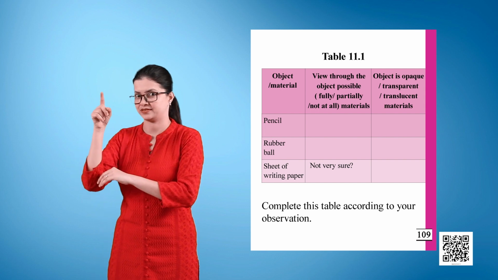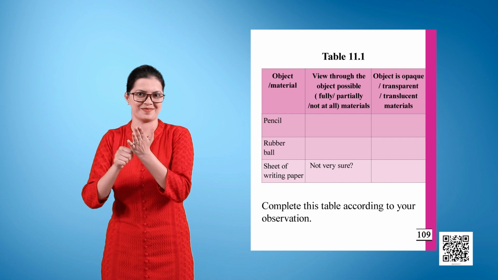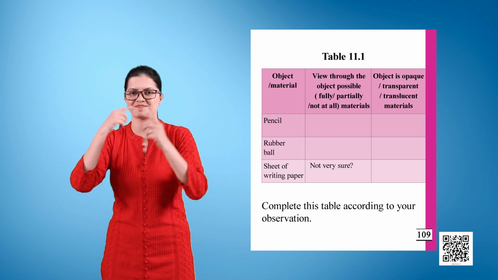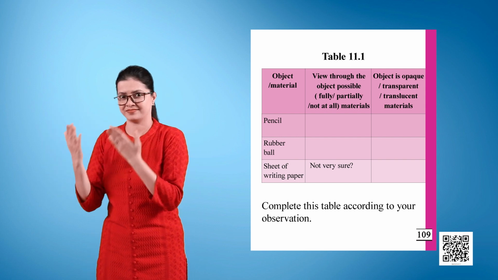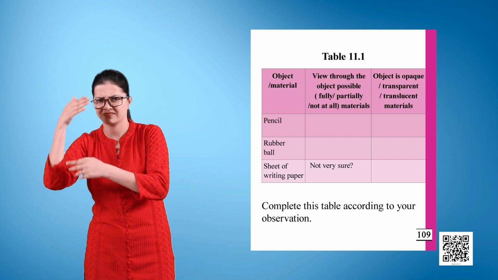And the third one is for object is opaque, transparent, translucent. Objects are pencil, rubber ball, sheet of writing paper. Complete this table according to your observation.